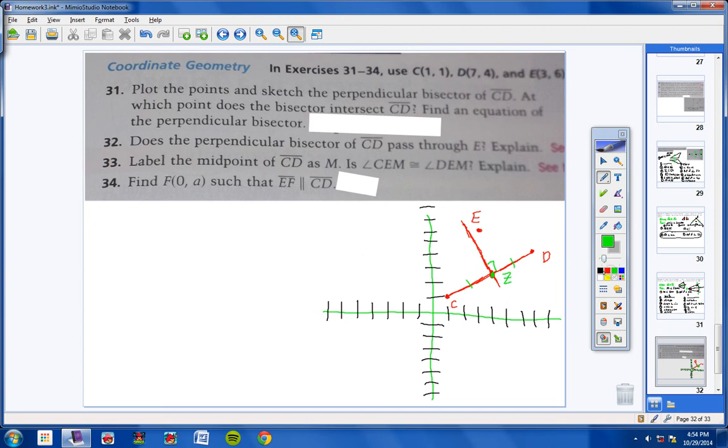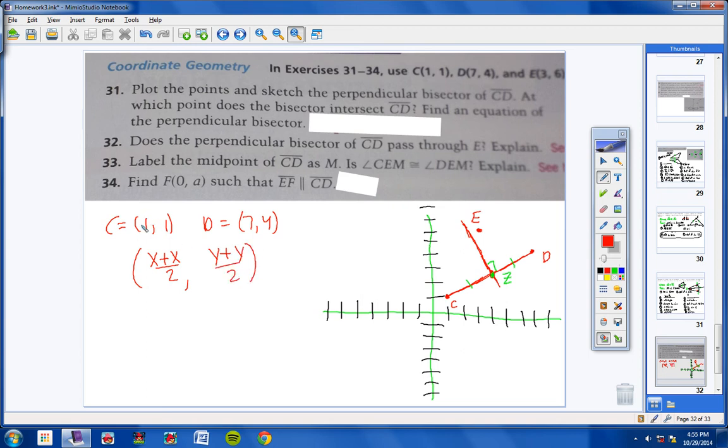Here's point C right here, 1 and 1. Okay. Here's point D right here. To find the midpoint, remember what to do, guys? X plus X divided by 2, comma, Y plus Y divided by 2. That's how you find the midpoint.